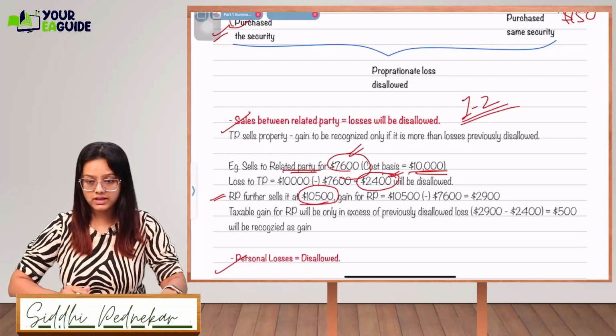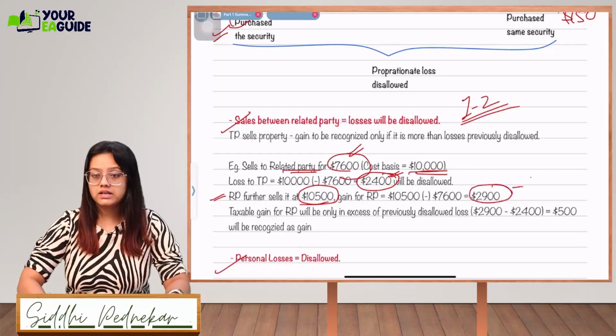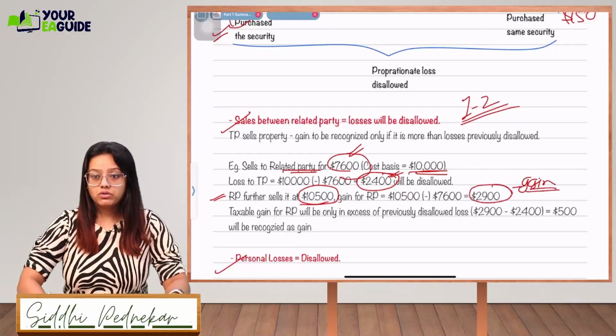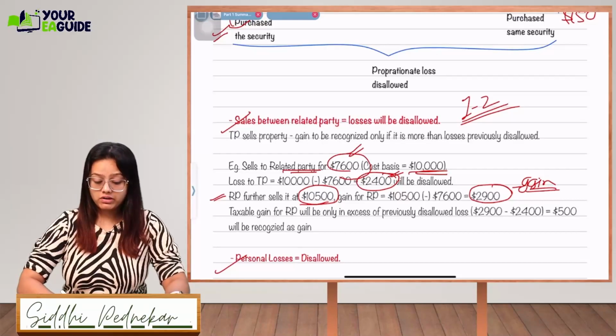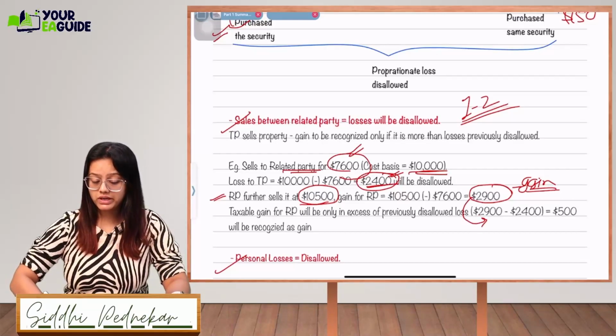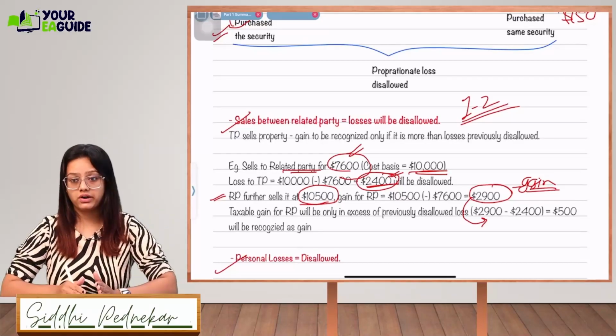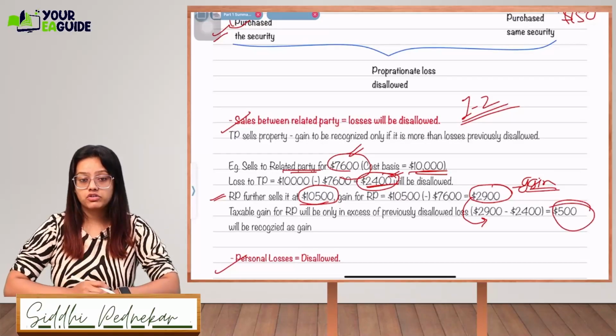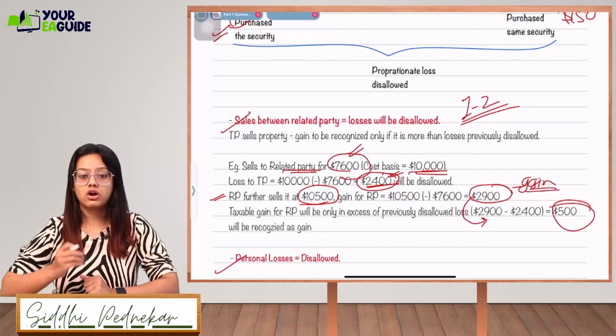So $2,900 is the gain. Is it fair to recognize the whole $2,900? No. Whatever was previously disallowed should be reduced from this $2,900. So $2,900 minus $2,400, the remaining $500, is the gain she should recognize, not more than that.